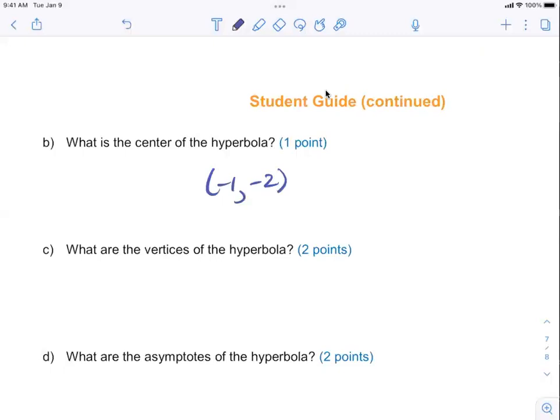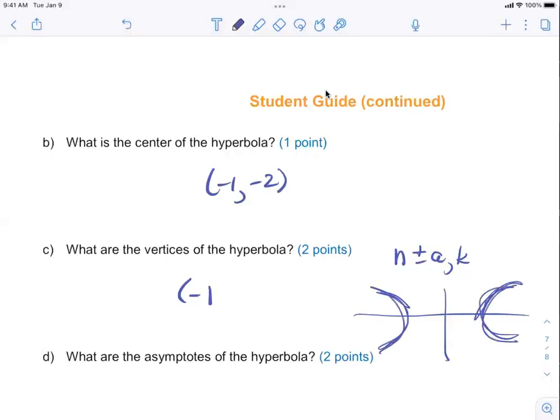So this would be -1. The hyperbola opens symmetrical to the x-axis. So the foci are in the form h plus or minus a comma k. So symmetric around the x-axis is going to look like this. Kind of looks like two parabolas, but then they have these asymptotes here. So for us, it's -1 plus or minus 3, comma -2.